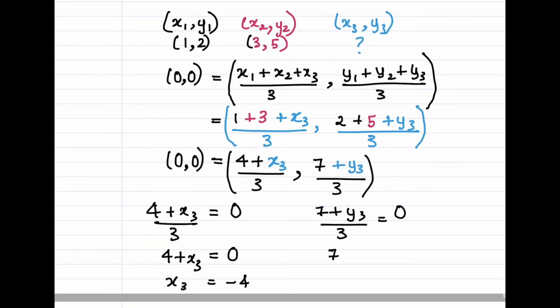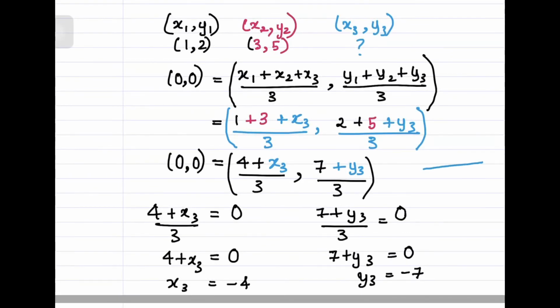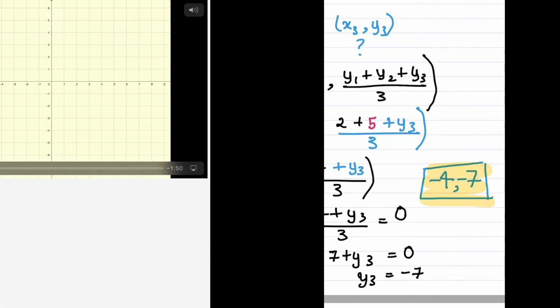So 7 + y3 is equal to 0, and y3 is equal to minus 7. So (minus 4, minus 7) are the coordinates of the third vertex.